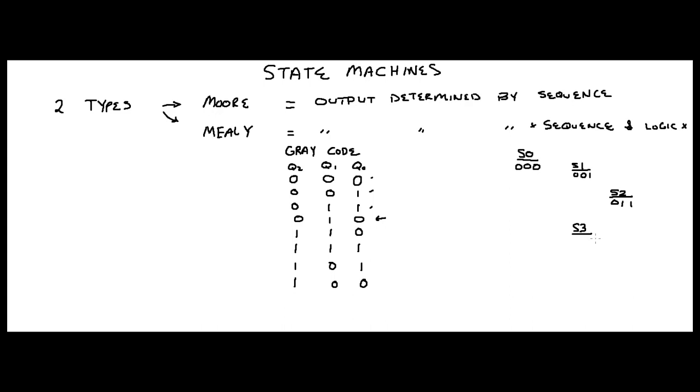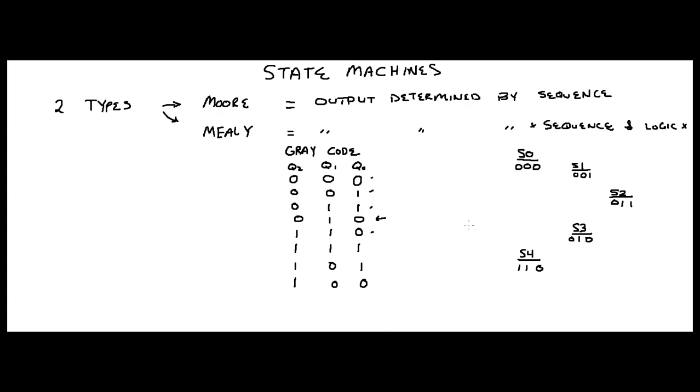It's the fourth one. Now we're going to go to state 4. That's going to be 0, 1, 1, right? That's this one.